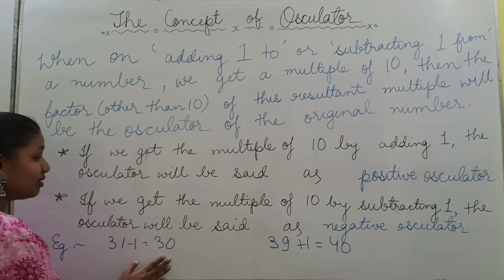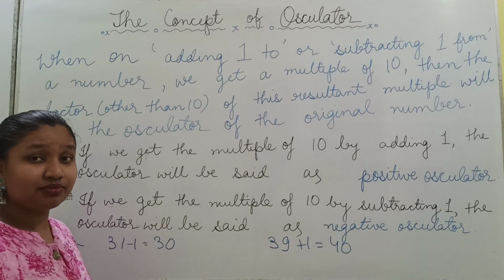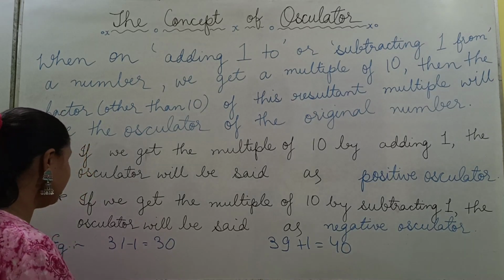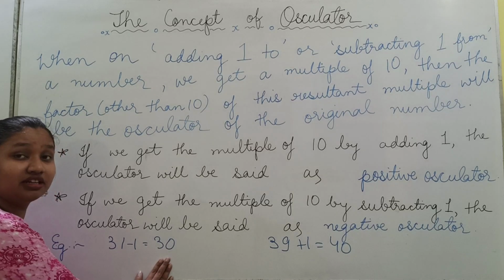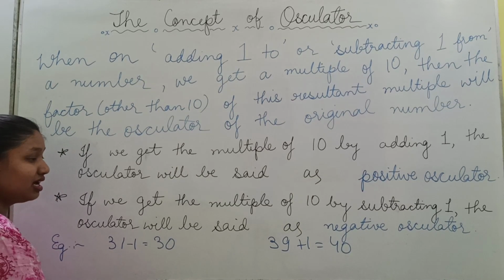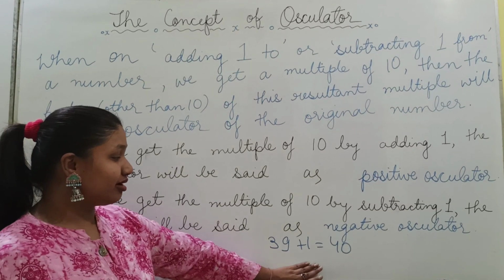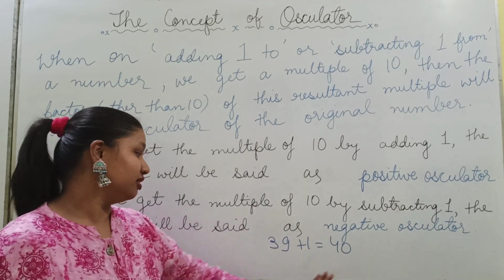Here it was 31, we subtracted 1 and got 30, and here we added 1 and got 40.